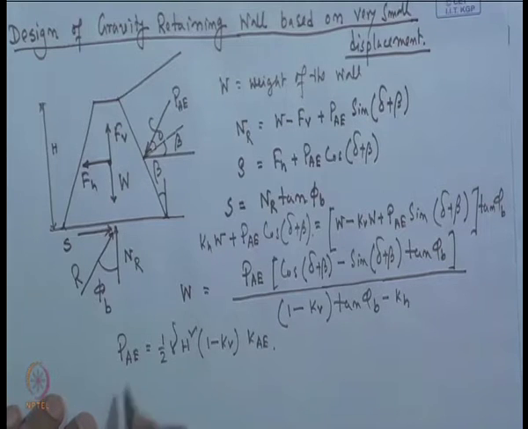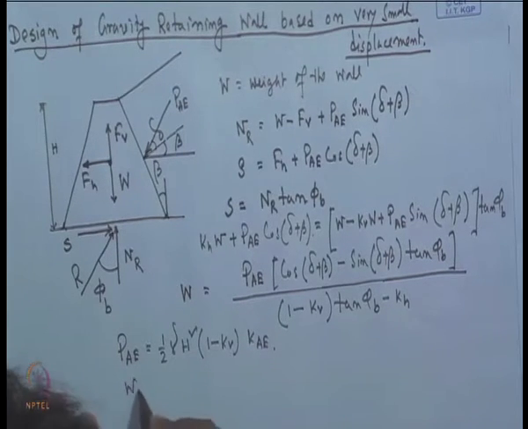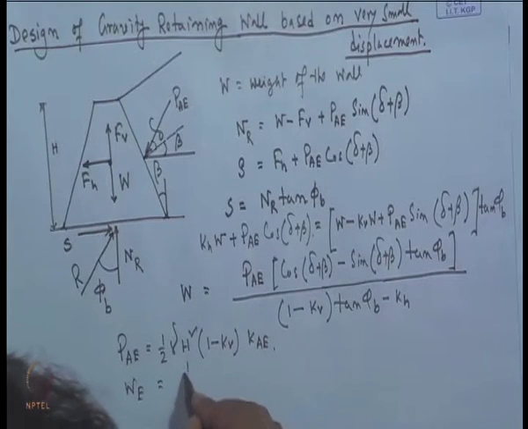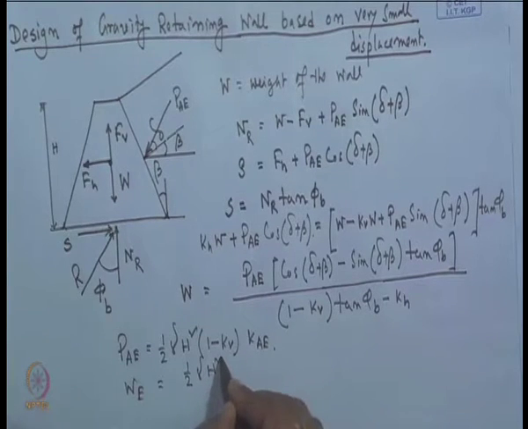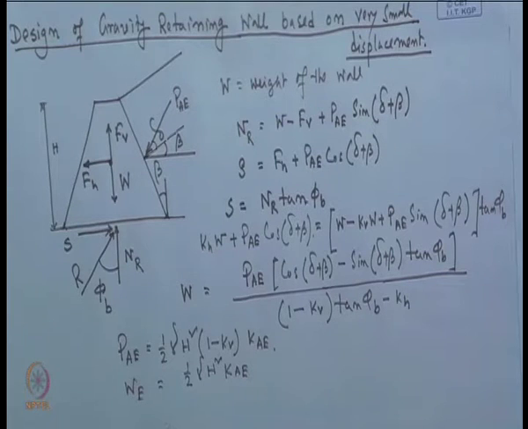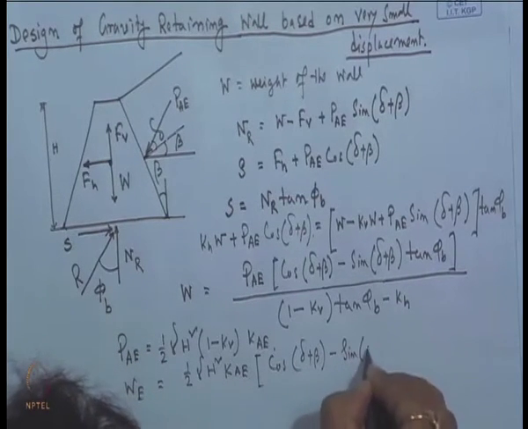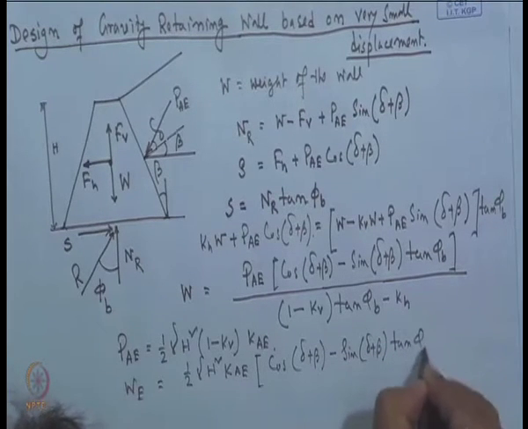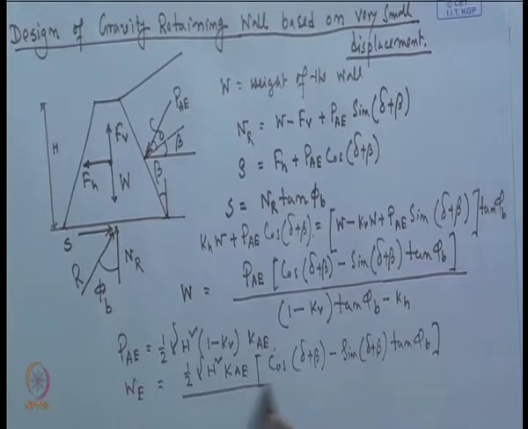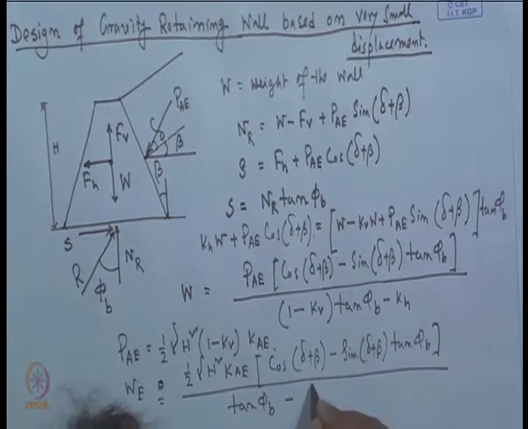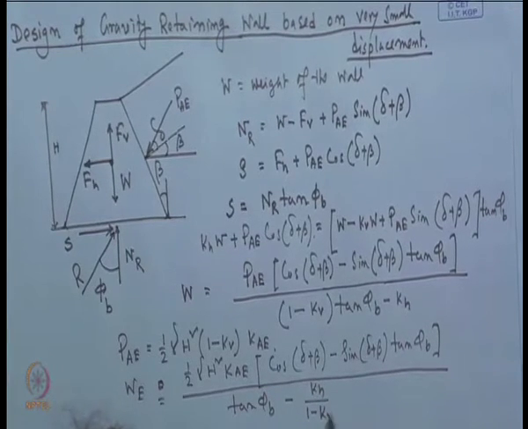Finally, for the earthquake condition, we can write that WE is equal to half into gamma H square KAE, because if we put this expression in place of PAE, then the 1 minus Kv factors will cancel out, into cos of delta plus beta minus sin of delta plus beta into tan phi b, that whole divided by tan phi b minus Kh and then 1 minus Kv.